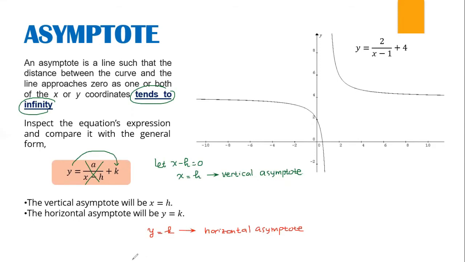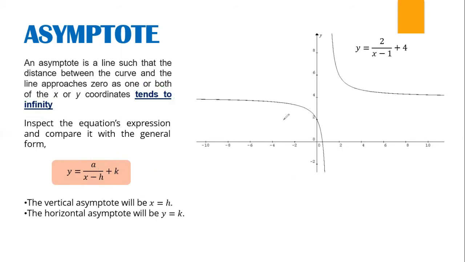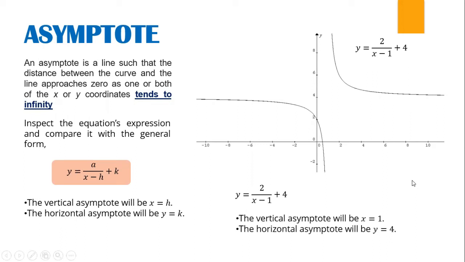Hopefully this material is clear to you. Next, what about the asymptotes of y equals 2 over x minus 1 plus 4? The vertical asymptote will be x equals 1. Once again, I will show you how you know this.